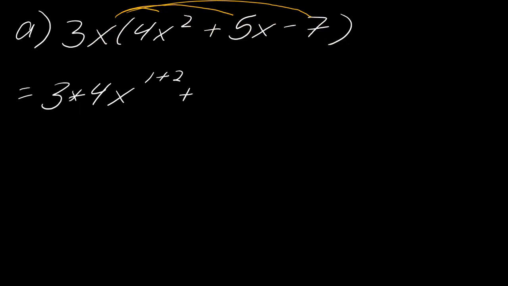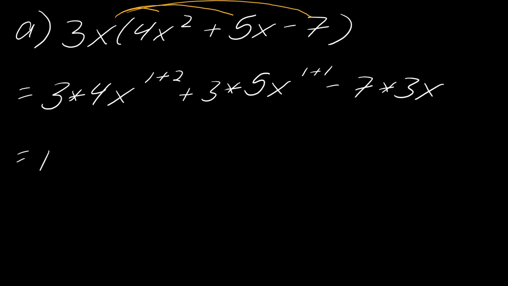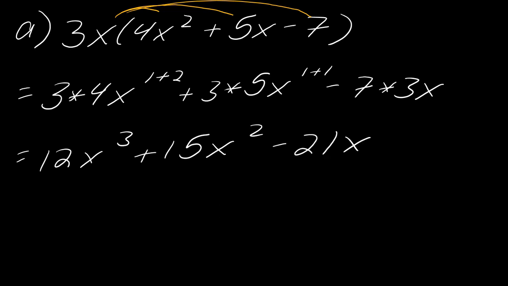As I go across, I'll take the 3 times the 5, and once again add the exponents, and then I'll have this minus 7 times 3x. Here's the mechanics of what's happening when I distribute. If I finish this, it will be 12x to the third plus 15x squared minus 21x. That's what it looks like to multiply this monomial with a polynomial.